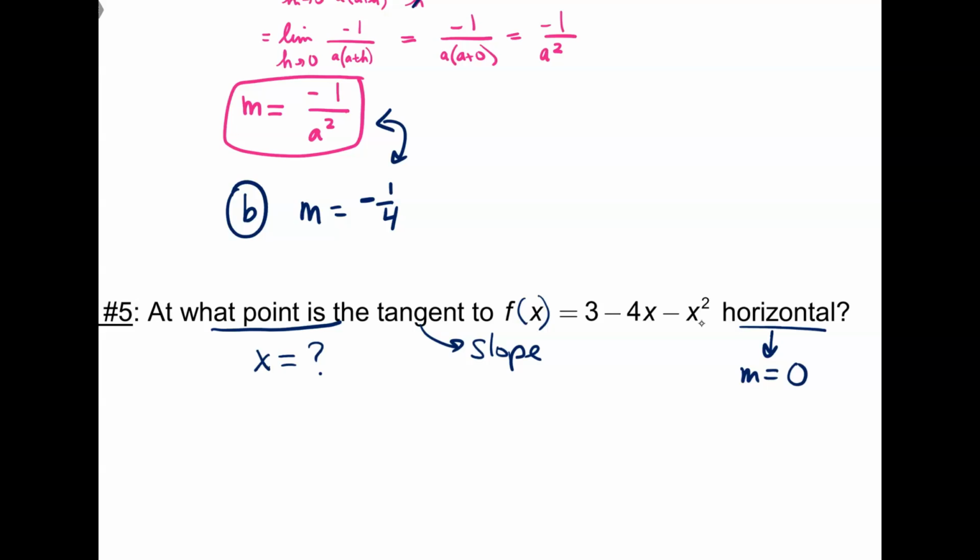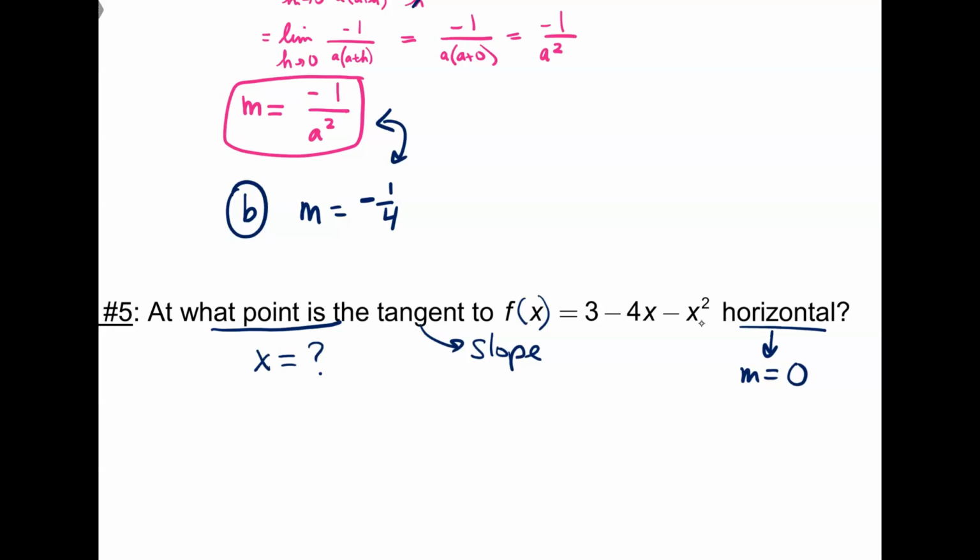Everywhere. 3. If it's horizontal. No, because you plug in 0 and just make it x squared and the negative 4x squared. But it's everywhere. What? No. What does this look like? Negative x squared is pointing down. So I want to know, where is the tangent going to be 0? Probably at the vertex.